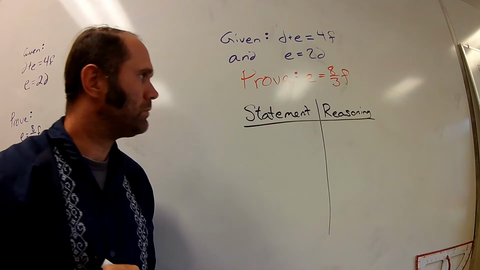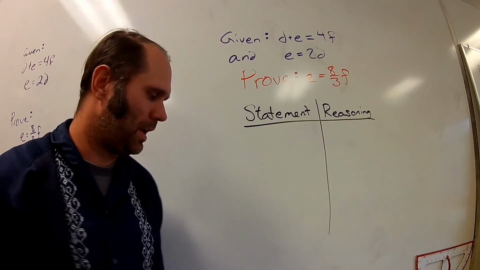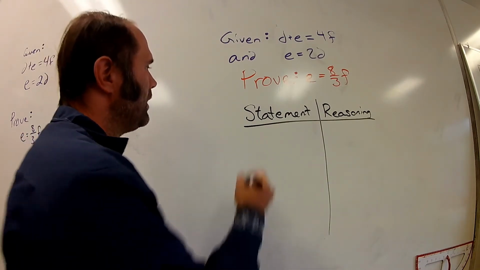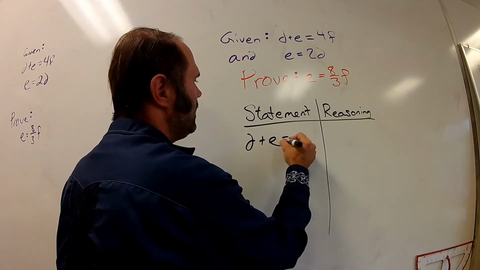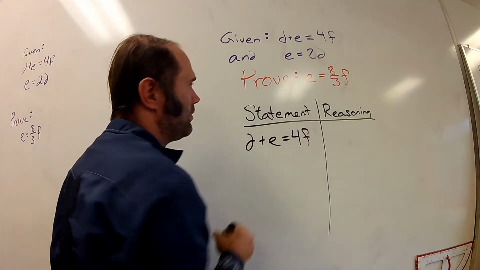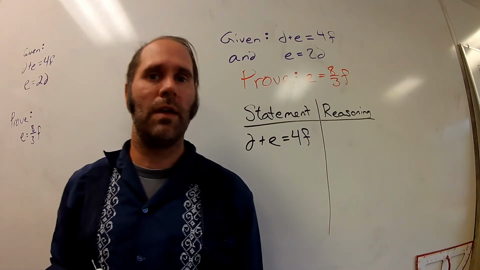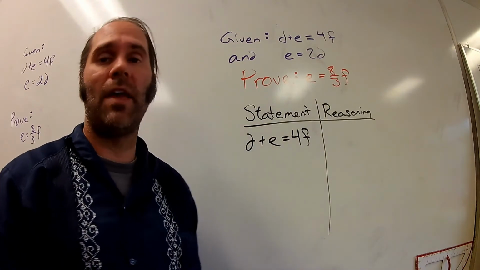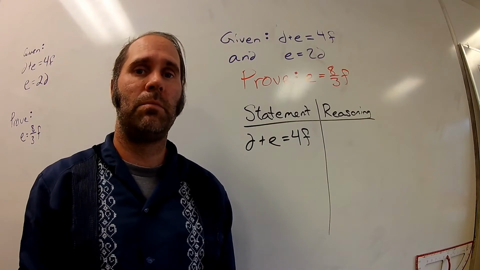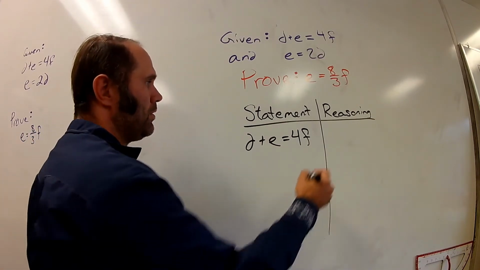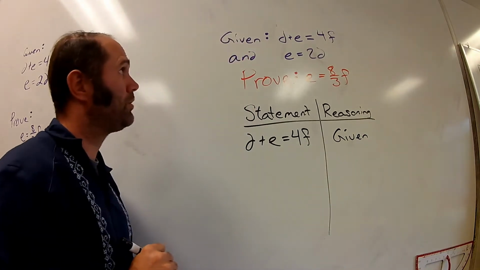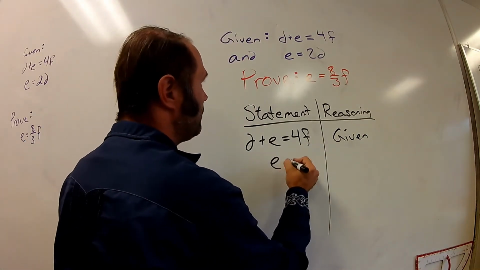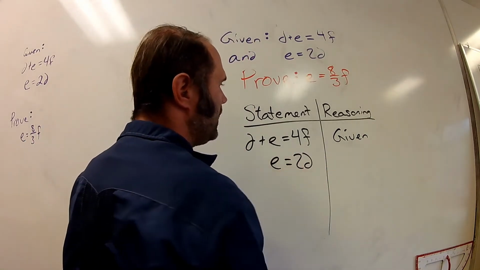So the first statement that I would like to make is that D plus E equals 4F. And there's a reason I believe I can say that, because it was given to us. So that is my reason. I'm also going to state that E equals 2D.